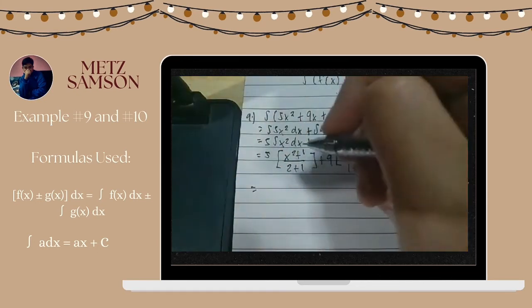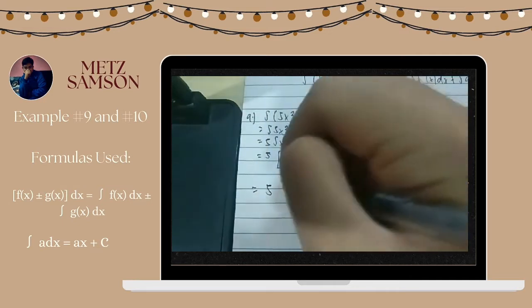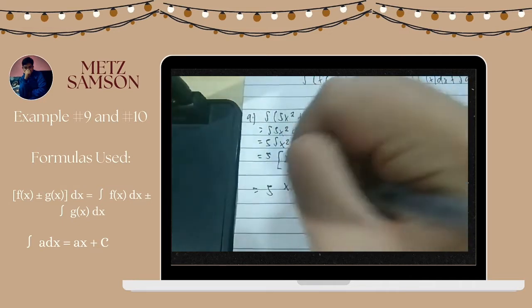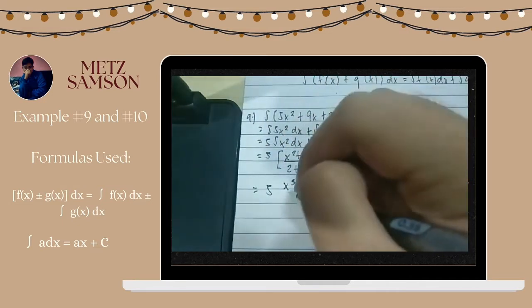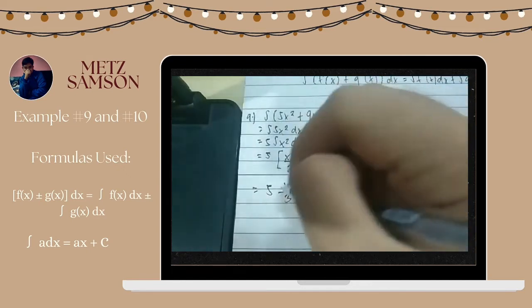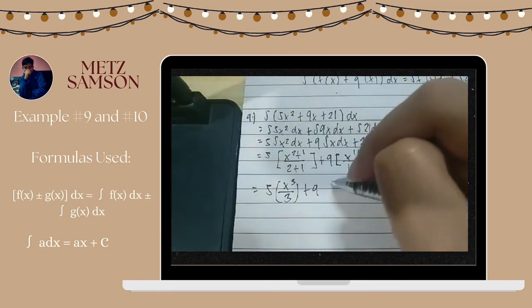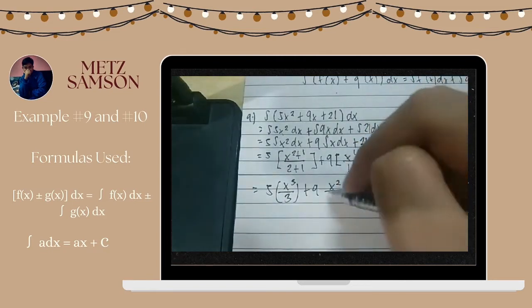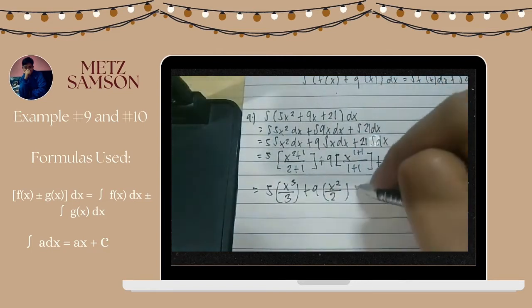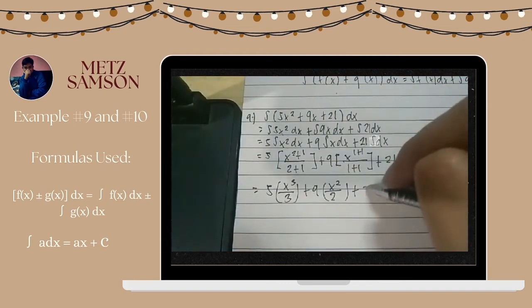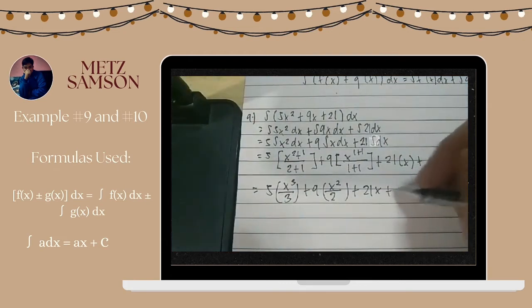So we have here the 5, then x squared plus 1 is x cubed over 3, plus 9, x raised to 1 plus 1 is x squared over 1 plus 1, which is 2, plus 21x plus c.